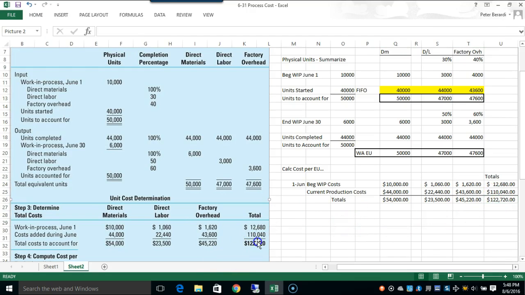So we tie out. Next, compute cost per equivalent unit.